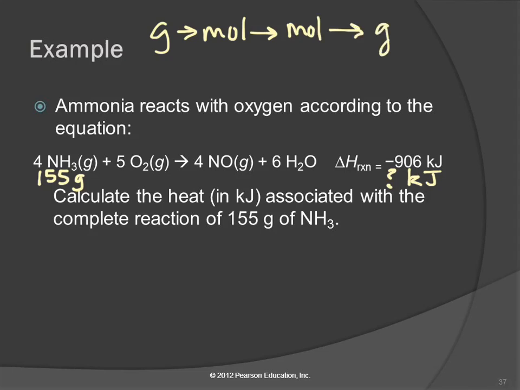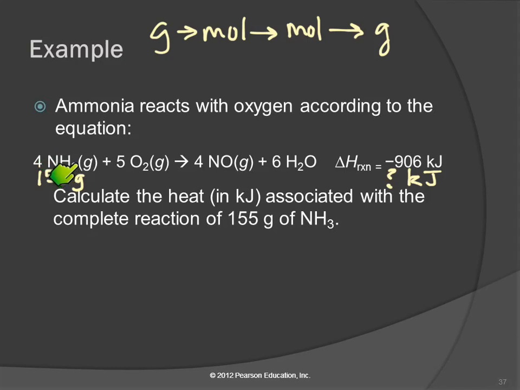We used that when we were given a mass of a reactant and asked to find a mass of one of the products. And we would go from grams of this to moles of this to moles of the other thing to grams of that other thing. So we're going to start down that path, but we're going to take a little detour. We're going to take our mass of ammonia and convert it to moles.